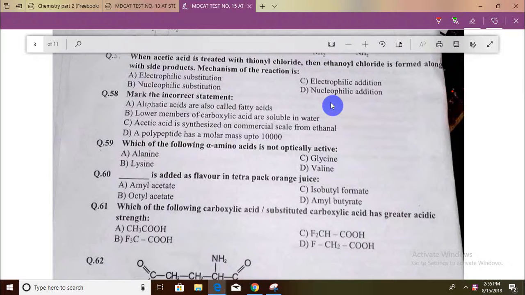When acetic acid is treated with thionyl chloride, then ethanoyl chloride is formed along with side products. So what is the mechanism?